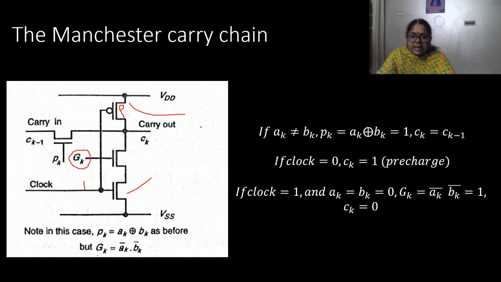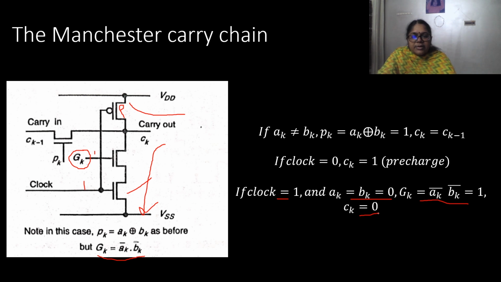Here capital GK is given by A bar into B bar. Thus, only if A and B are 0 will this capital GK be equal to 1, and the output carry is going to be discharged to ground. That means when clock is equal to 1 and A is equal to B equal to 0, capital GK will be equal to 1, thus discharging the output carry to 0 or making CK equal to 0.